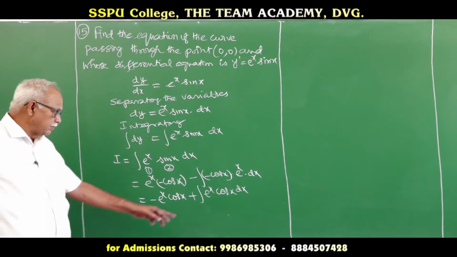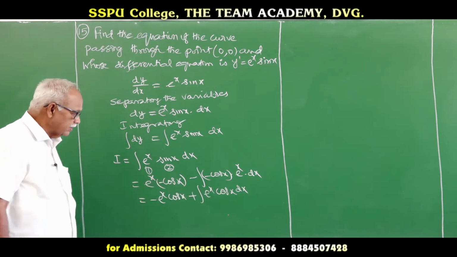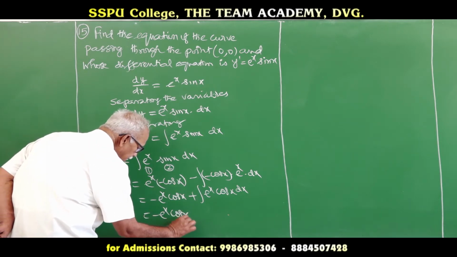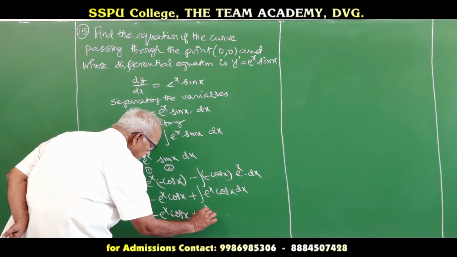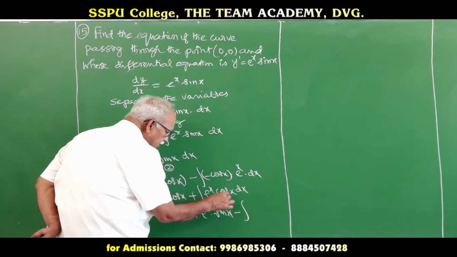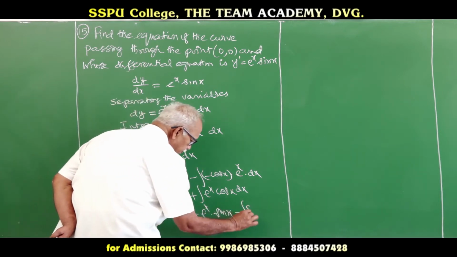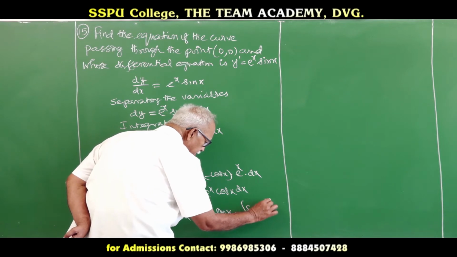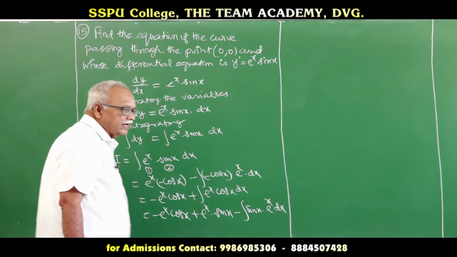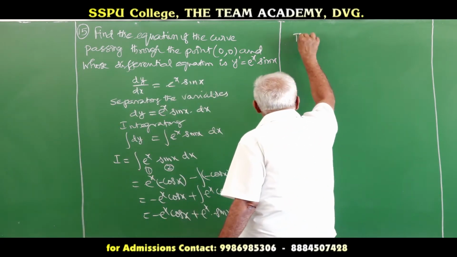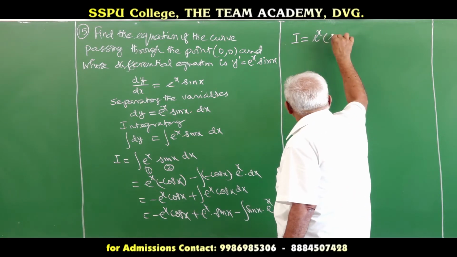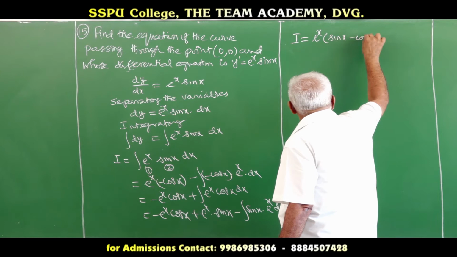Now, we have to do integration by parts again. This is e^x cos x, plus e^x into integral of the second function, cos x, whose integral is sin x, minus integral of sin x into e^x dx. Now, this can be taken as I is equal to e^x into (sin x minus cos x).